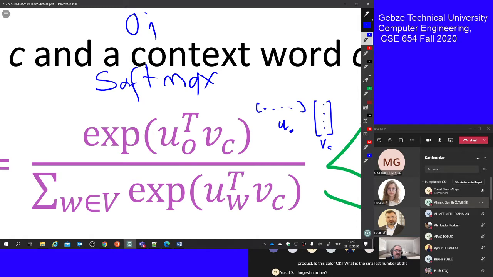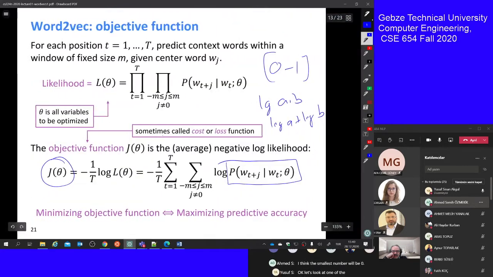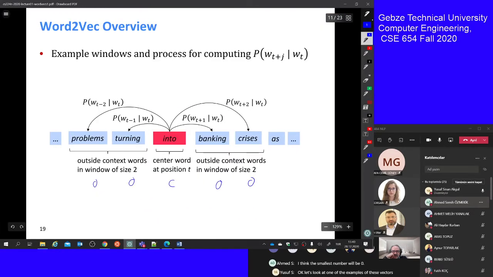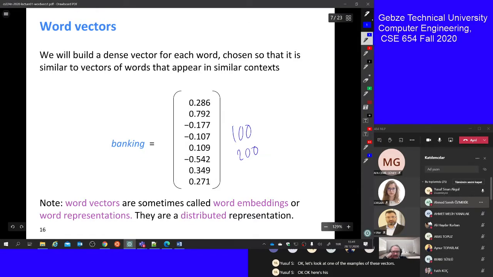Okay, Ahmet, Semih, I am asking you. Okay, I'm thinking. So, I think the smallest number will be 0. Okay, let's look at one of the examples of these vectors. Here's an example of a vector.